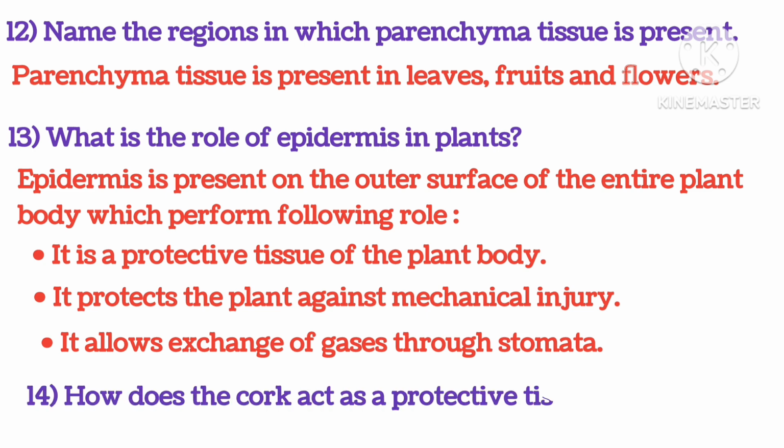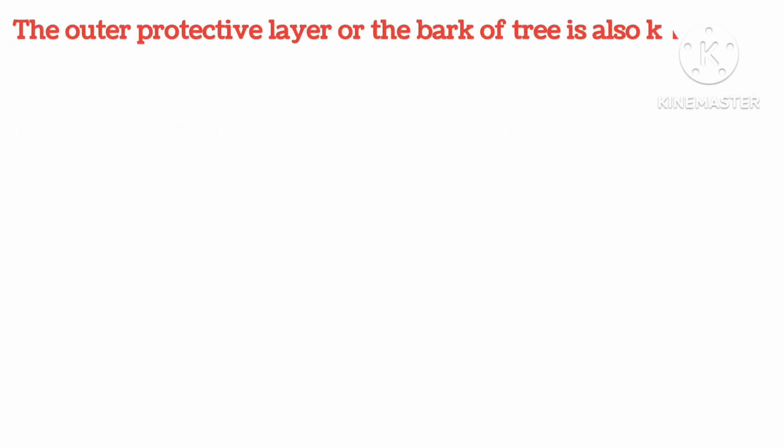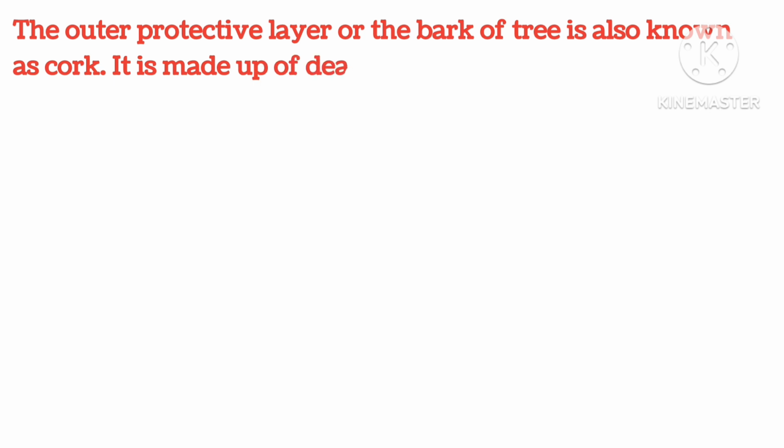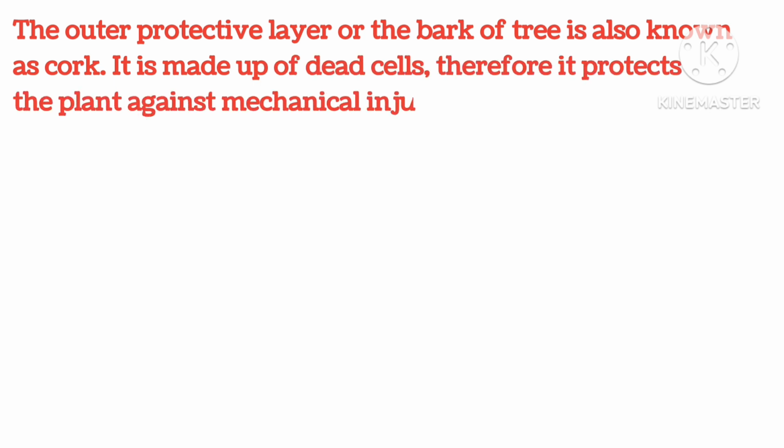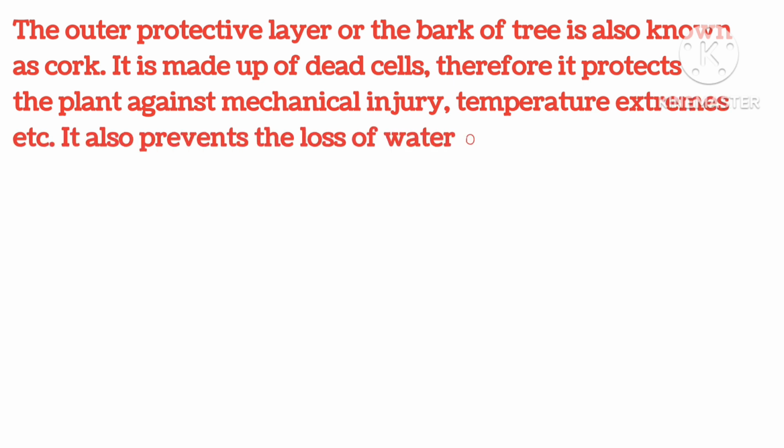How does the cork act as a protective tissue? The outer protective layer or the bark of the tree is also known as cork. It is made up of dead cells and therefore it protects the plant against mechanical injury, temperature extremes, etc. It also prevents the loss of water by evaporation.